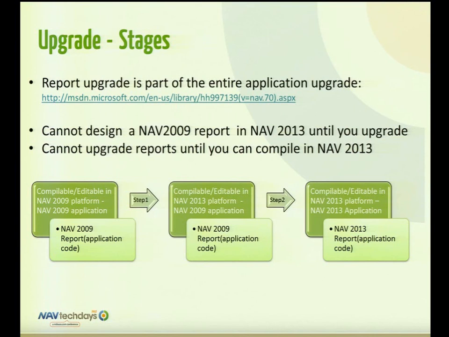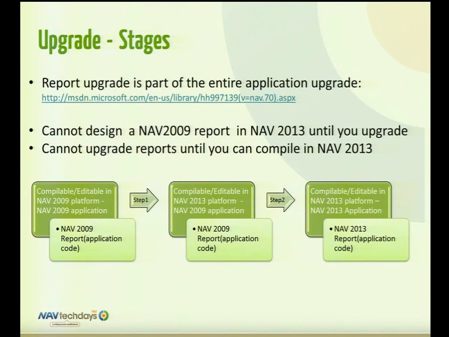Now your report will compile because it has references to the objects of NAV 2009, and you will be able to press upgrade on it to upgrade it to the 2013 platform. So in stage 2, you will have a NAV 2009 application report, but upgraded to a NAV 2013 platform. So it will have a data set and so on.